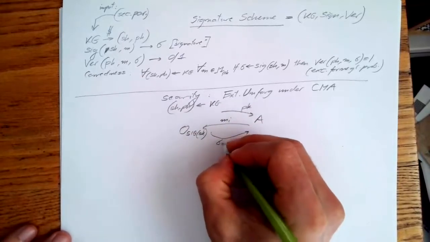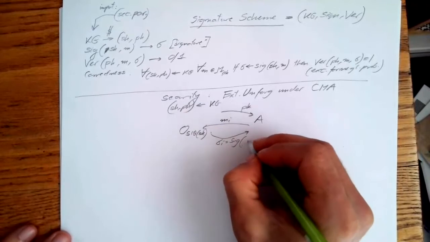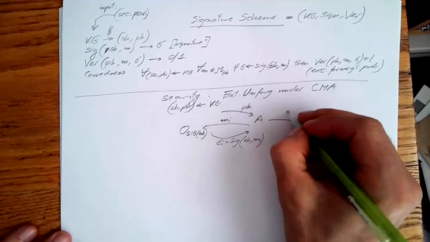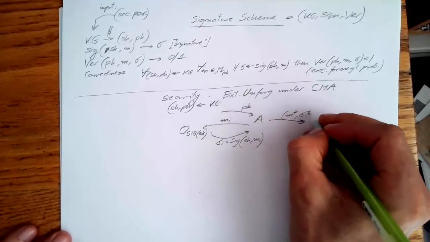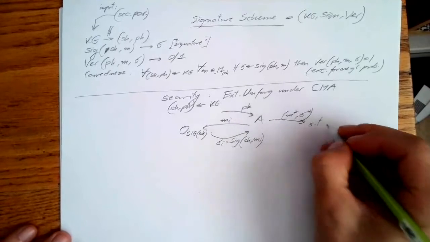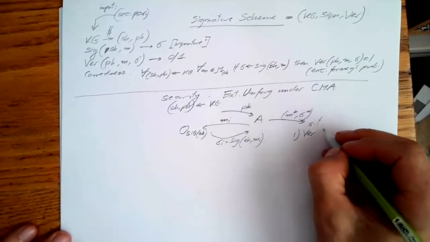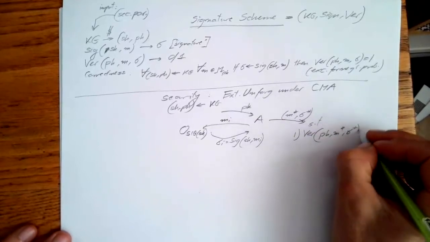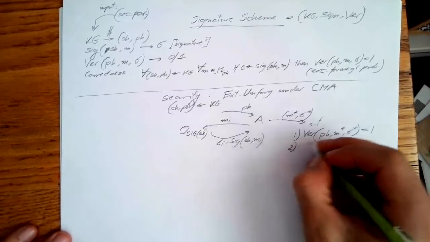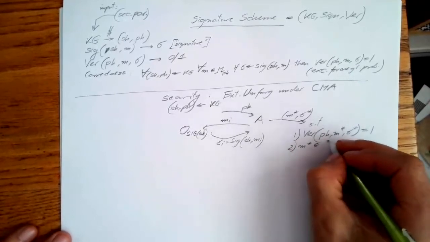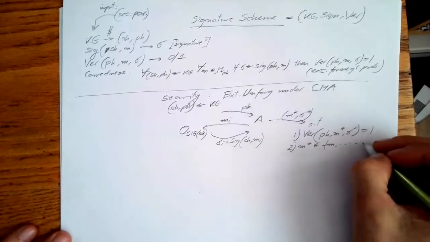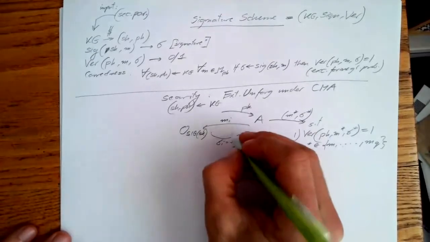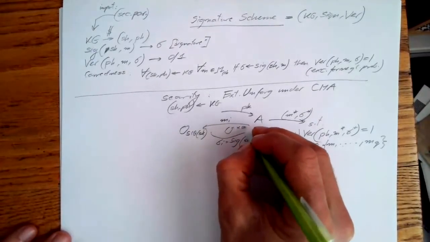The oracle sends signatures, based on the secret key, of whatever message the adversary likes, and the adversary outputs a message-signature pair, and he wins if, first of all, this is a correct message-signature pair, so it verifies under the public key, and secondly, the message is not in the set of the messages that were queried, and this is done q times.